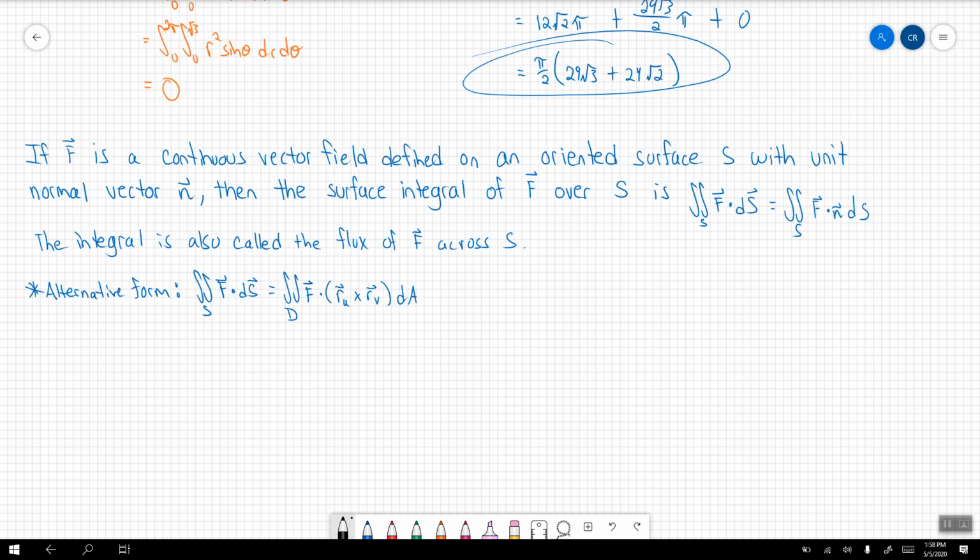So, one of the items that we need to always consider is positive orientation. So positive orientation for, let's say, a surface S is when the normal vector is pointed away from the bounded region.